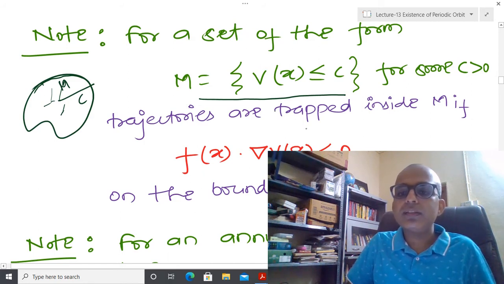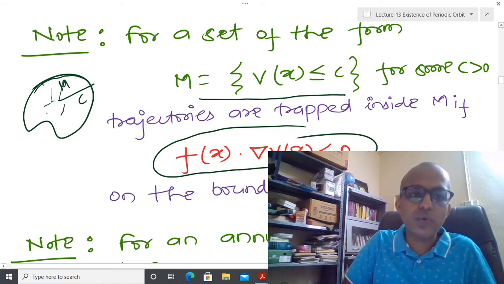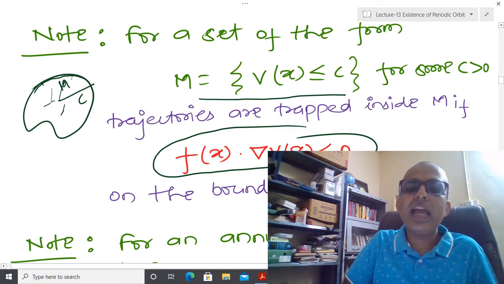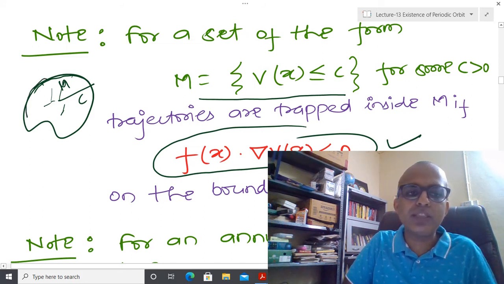If, inside M, this kind of condition is satisfied, then on the boundary you do not need to look everywhere; you can just check the boundary. If this condition is satisfied across the boundary, then whatever trajectory there is will be trapped inside this M. Anyone has confusion on this? So in order to show trapping, that all trajectories are trapped inside this, I just have to check on this particular curve. There is no need to check everywhere.